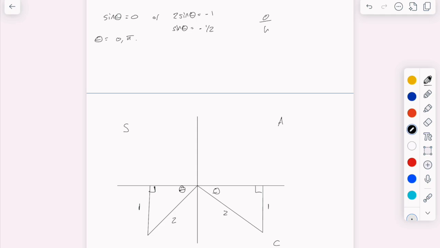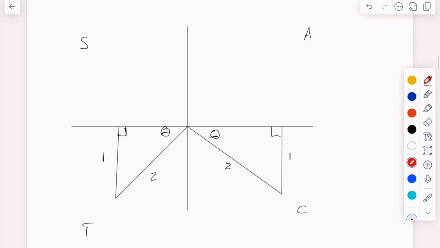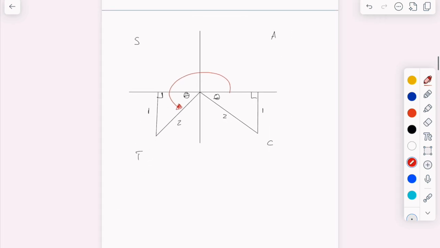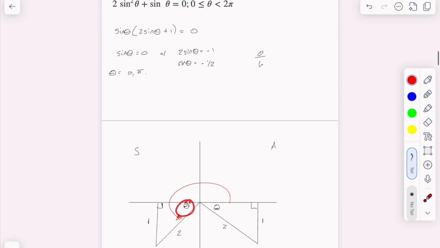Now it's just a case of saying, well, if we go from here to get to here, what does that angle look like? Well, we can say that theta is going to equal pi, which is this bit, plus what's theta?